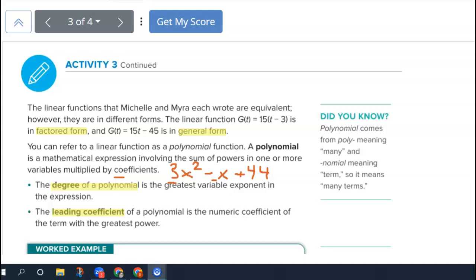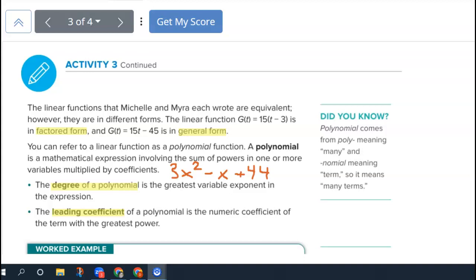Then the degree of a polynomial is the highest exponent that's on a variable. So in this case, the degree of the polynomial is 2. It's a second degree polynomial because the highest exponent is a 2. Then there's another term here, and that term is leading coefficient.